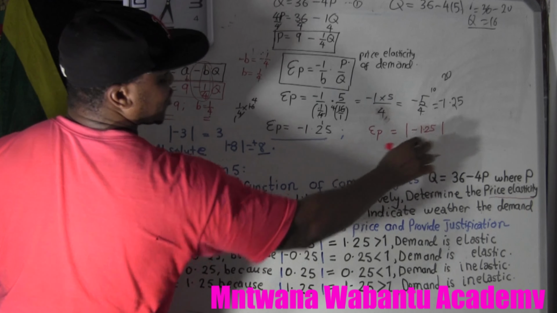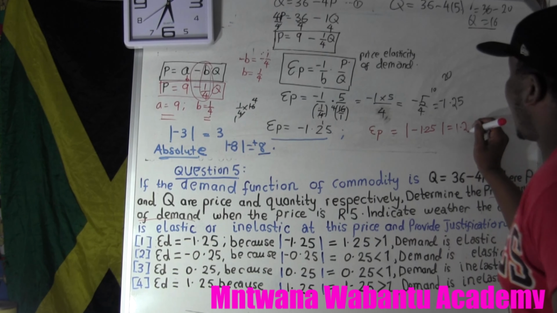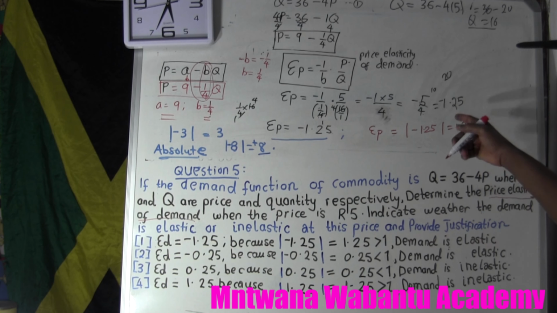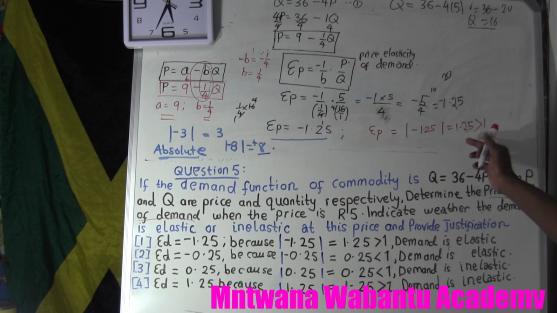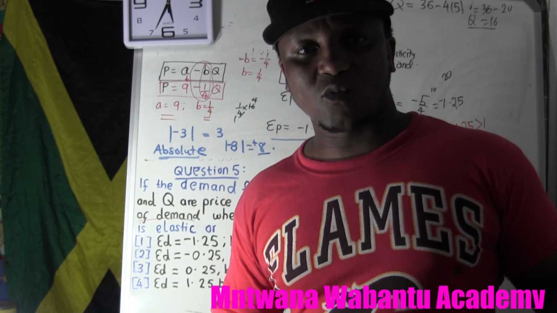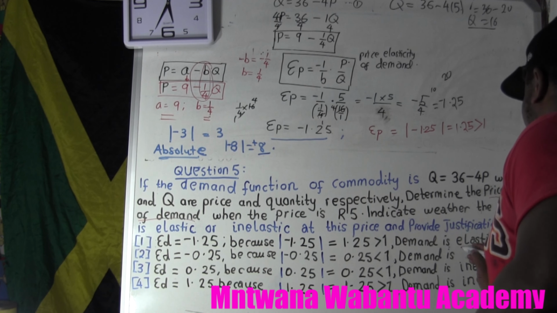So I can just say absolute of 1.25, and this is going to give us 1.25, because it's going to come out as a positive. Since this number, if it's greater than 1, then it's elastic. But if it's less than 1, then it's inelastic. So in our case, it is greater than 1, and since it's greater than 1, it is elastic.